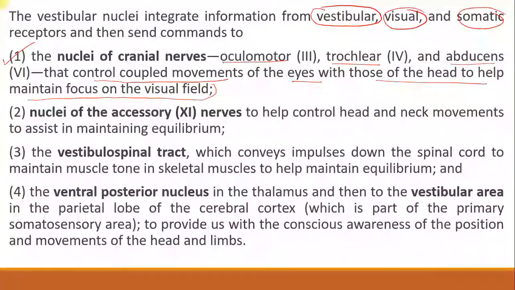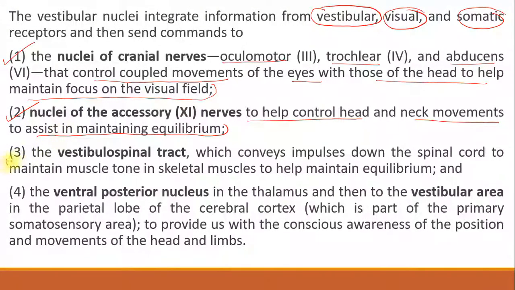The second location to which commands are sent is the nuclei of accessory nerves. These accessory nerves help control head and neck movements to assist in maintaining equilibrium.